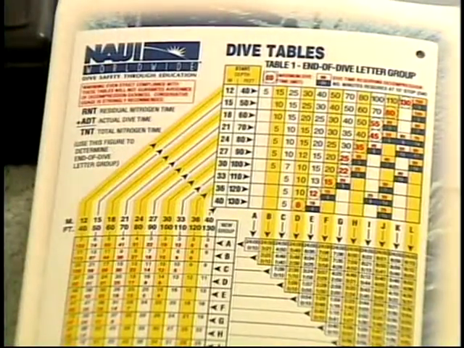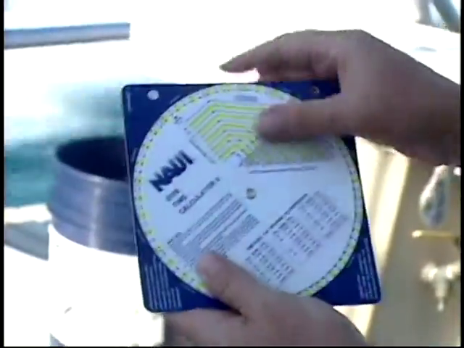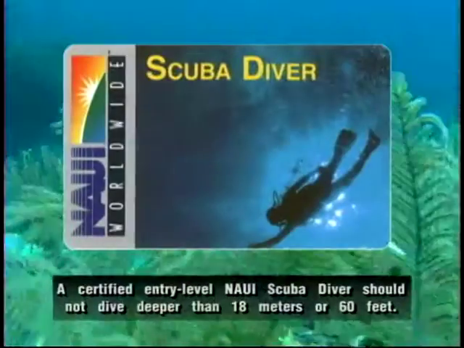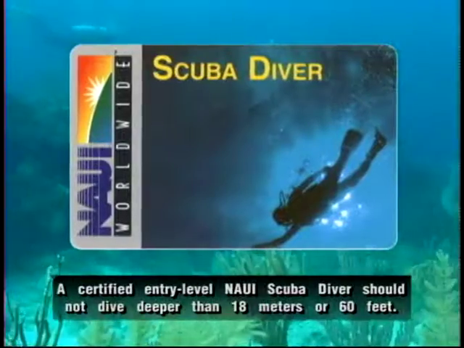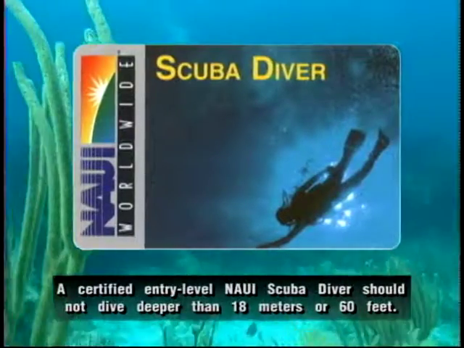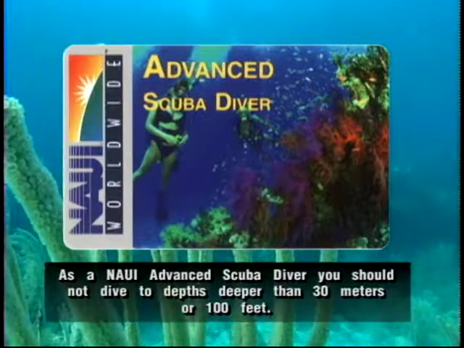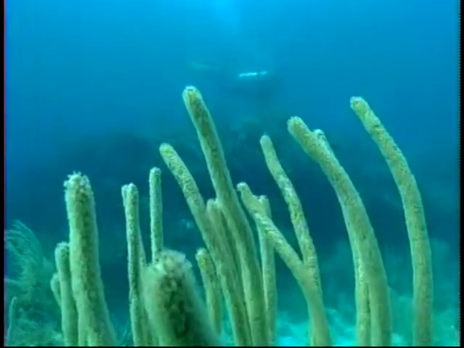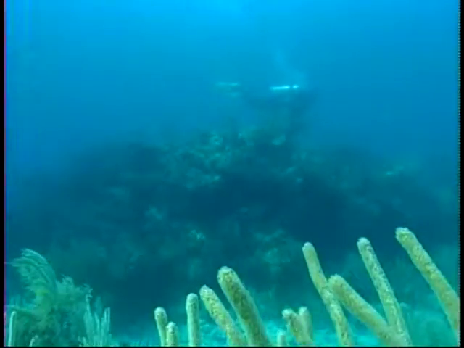Reduced time limits have been incorporated into the NAUI dive tables and NAUI dive calculators as well as most dive computers. A certified entry-level NAUI scuba diver should not dive deeper than 18 meters or 60 feet. As a NAUI advanced scuba diver, you should not dive to depths deeper than 30 meters or 100 feet. The maximum depth for traditional recreational divers is 40 meters or 130 feet.